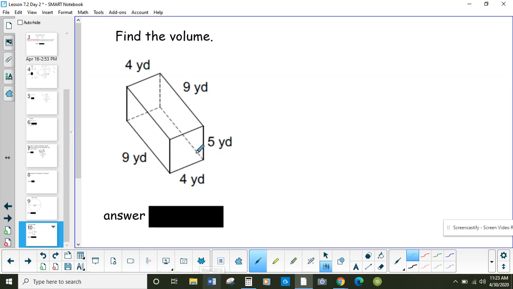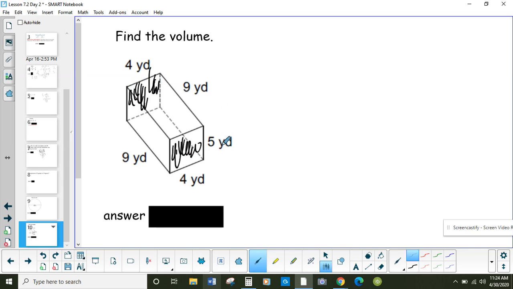So the volume of a prism just means find the area of the base, the bottom, which is 9 times 4 or 36, and then multiply it times the height, times 5. Now, some of you might have done this differently. Some of you might have looked at this as the area of the base, which is fine for this shape because you can consider that the base.